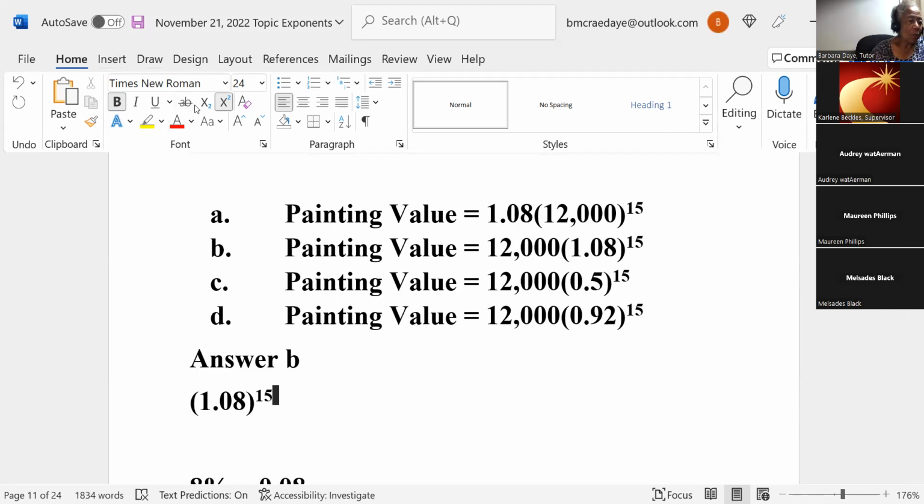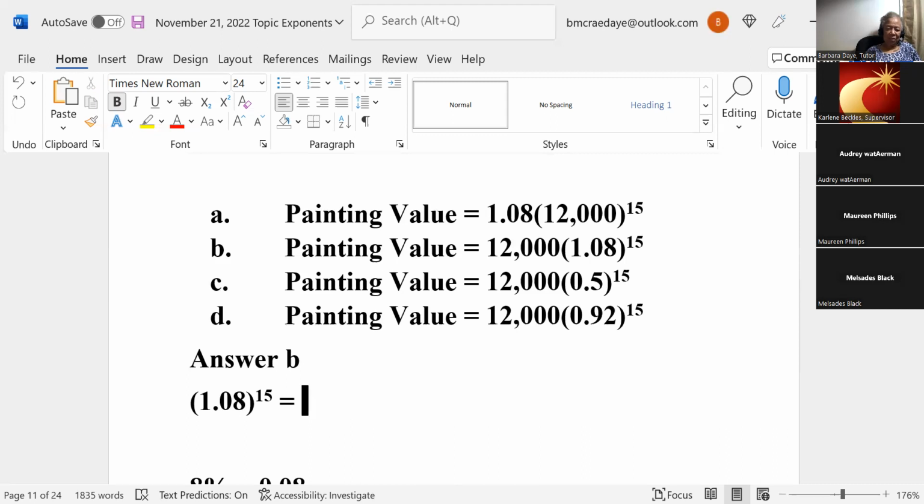So what is 1.08 to the 15th power equal to? Any answers?